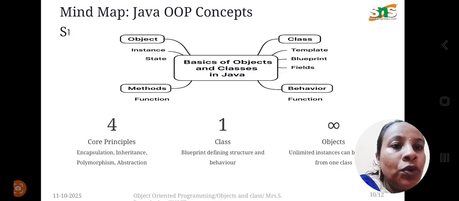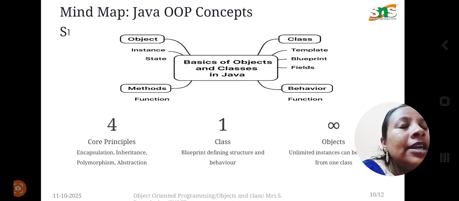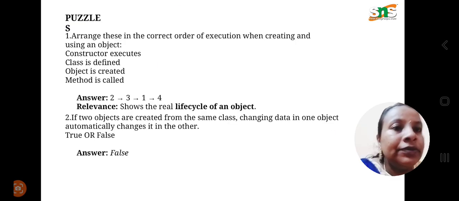There are four core principles: encapsulation, inheritance, polymorphism, abstraction. Next, class: blueprint defining structure and behavior. Next one is object. An unlimited number of objects can be created from one class. We can create n number of objects from one class itself.